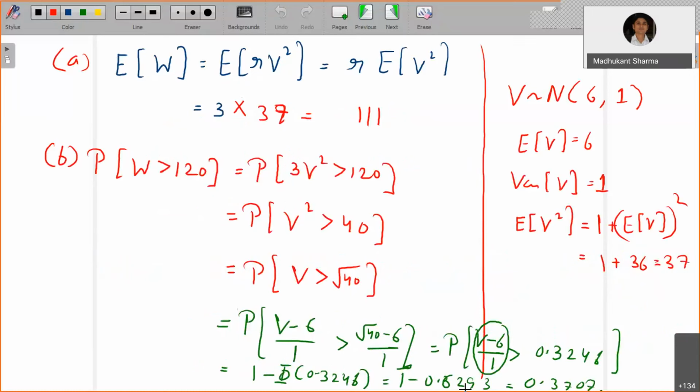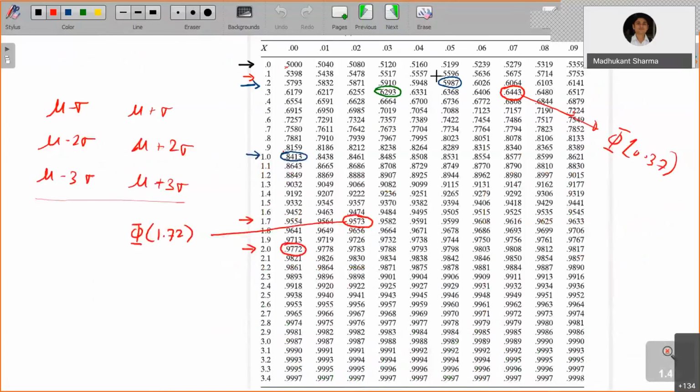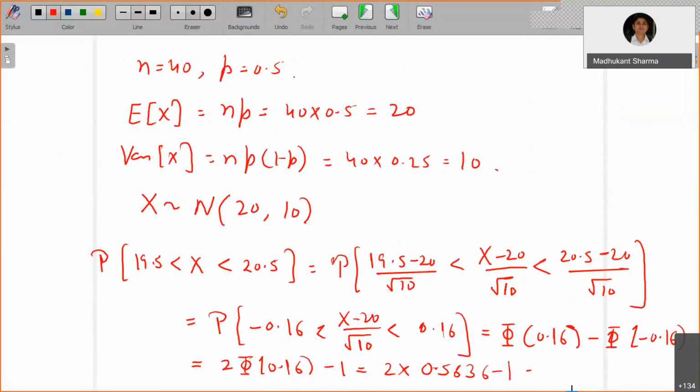So 2 times 0.5636 minus 1 is approximately 0.127. And this is very near to the exact value 0.1254 approximately.